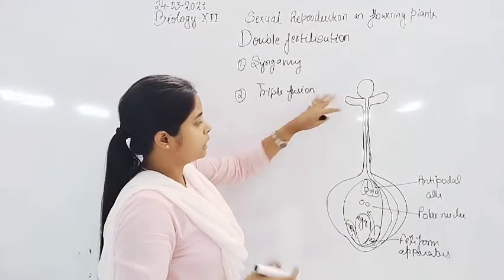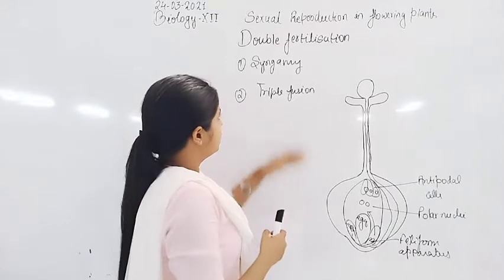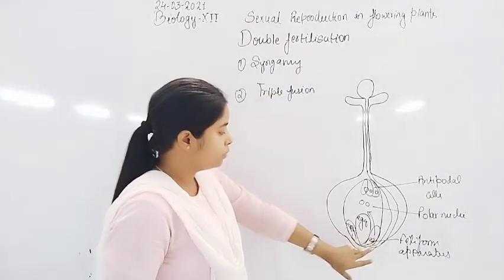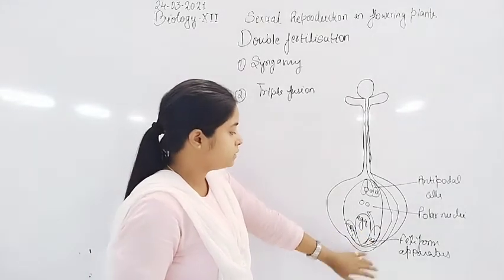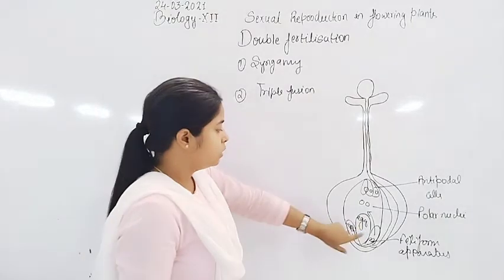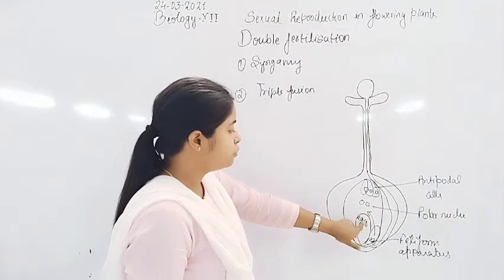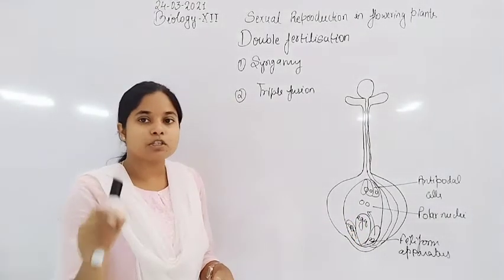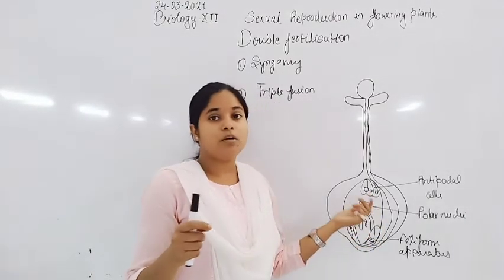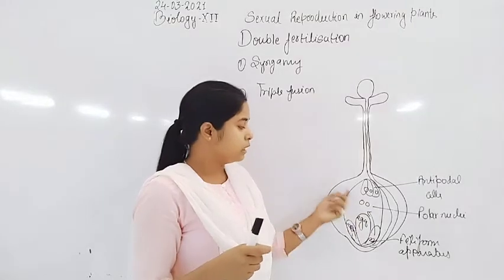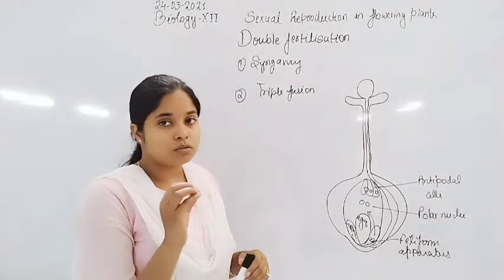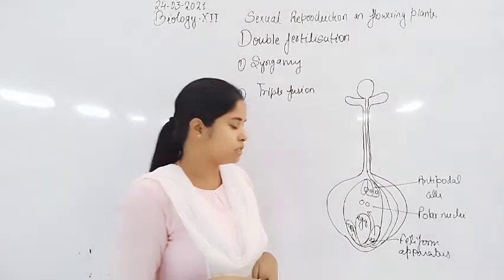The first fertilization is carried out with the gamete, that is one sperm fused with the egg, and the second sperm fused with the two polar nuclei. When one sperm fuses with the egg, it results in the formation of a zygote, and after the fusion of three nuclei, the result of this fusion is endosperm, also known as the primary endosperm cell.